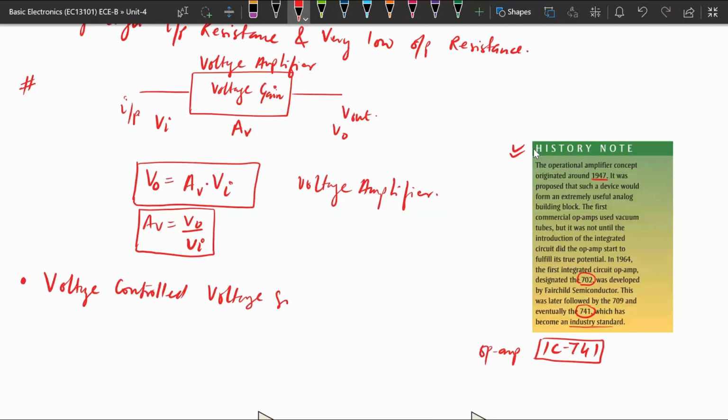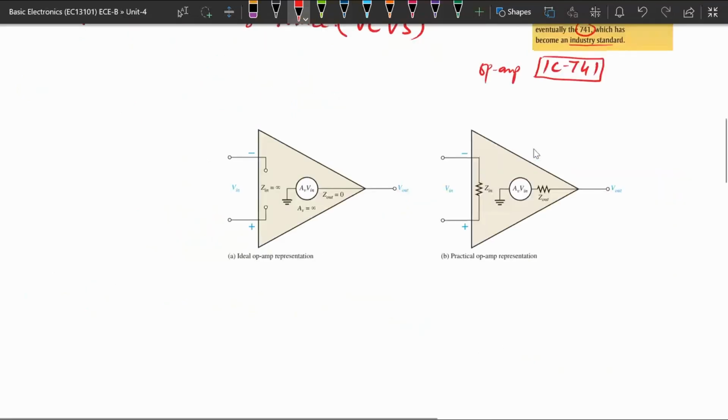This operational amplifier is a voltage controlled voltage source type of device. Next we will see what an ideal operational amplifier is and what a practical operational amplifier is, and before that we will see one more concept.